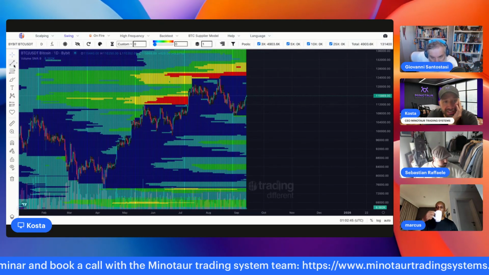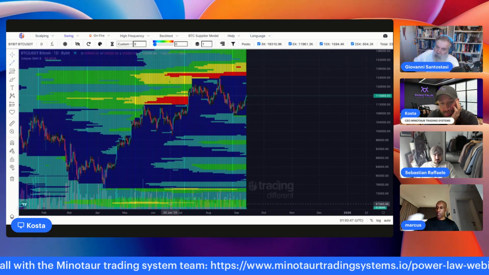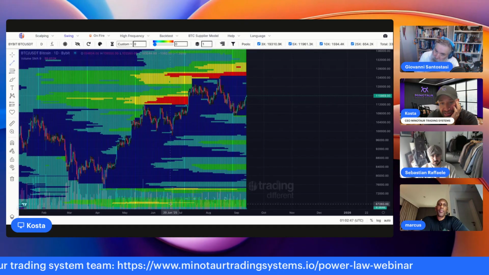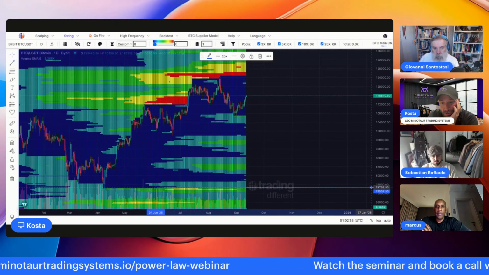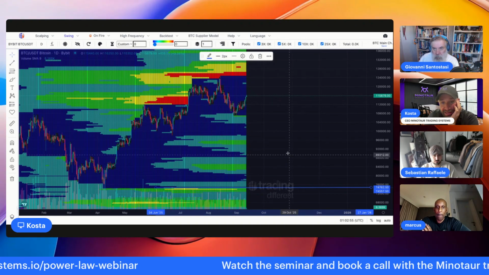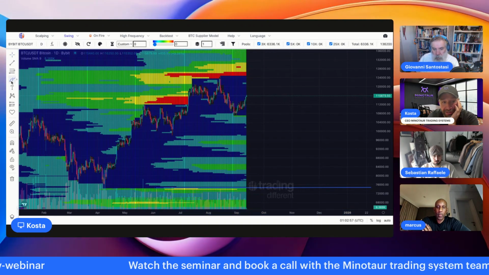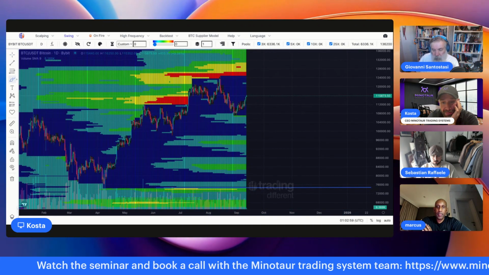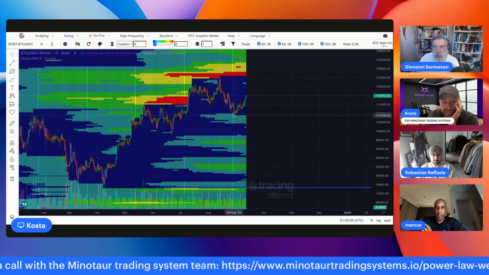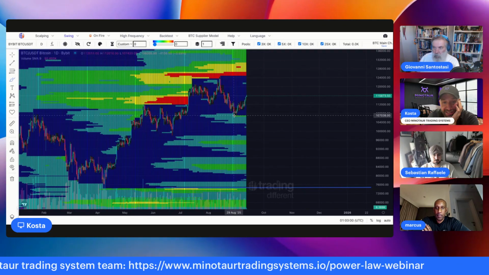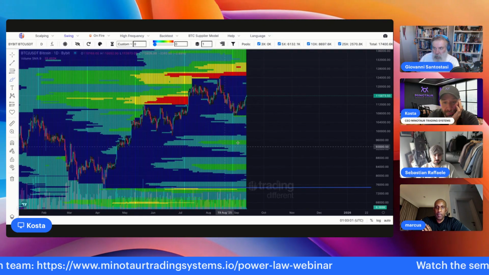This is what's really interesting to me: the power law support in 2026 is going to be around this level, right? This 74, 72K, correct, Giovanni? 2026 November support. Yeah. So what we're seeing here is big liquidity pools that have built up, and you can see another one here.